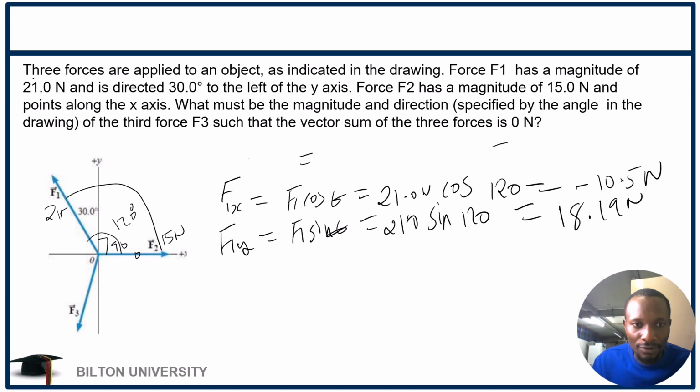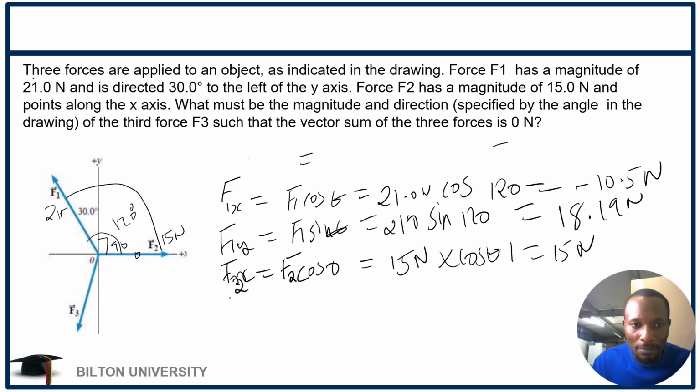The same way we can look for F2 in the X component. F2x is going to be the magnitude of F2 times cos theta, and cos 0 is 1, so in the x-axis it is going to be 15 Newton.